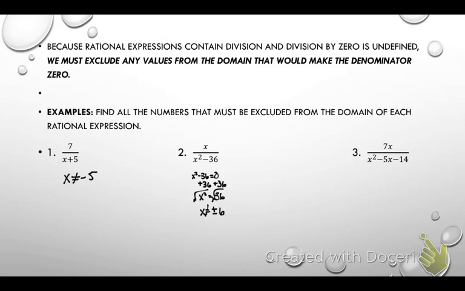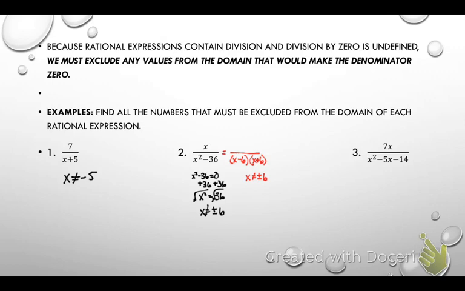Now, what we'll do most of the time, to be perfectly honest with you, is factor, because a lot of these are going to cancel anyway. X squared minus 36 factors into x minus 6 and x plus 6. So you just set each one equal to 0. We're still going to get that x cannot be equal to plus or minus 6. And if you want to put negative 6 and positive 6, that means the same thing.